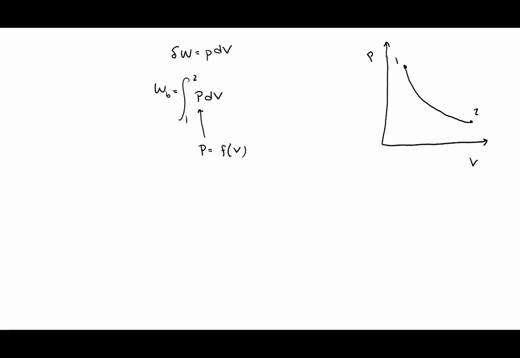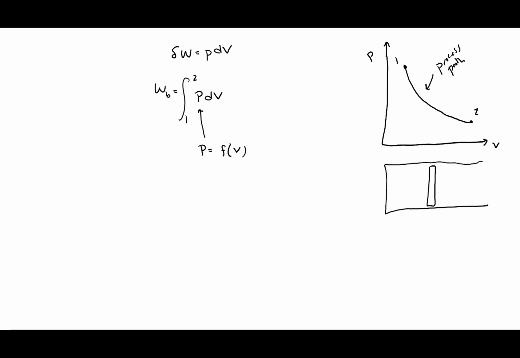So if we go over to this PV diagram, we have this process path, and I'll just label that. So this is our path, and the pressure is the equation that represents that path. So let's look at how this would look. I'm going to draw a piston cylinder like this.